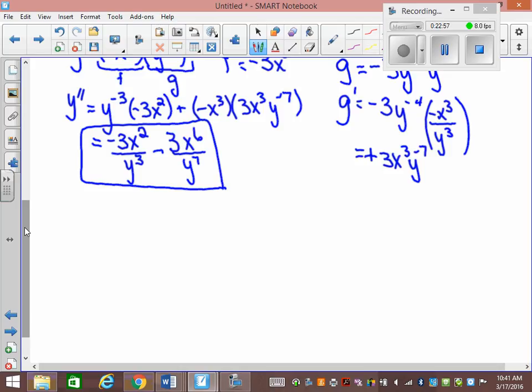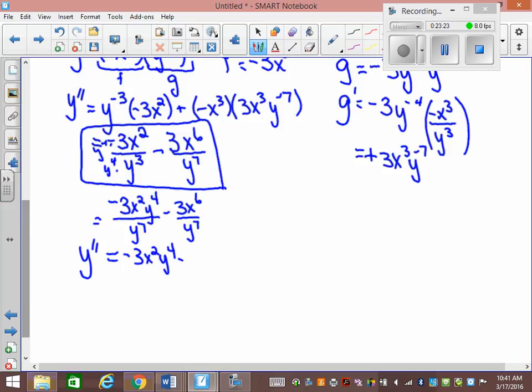When you have monomials, one term on the bottom, you could get on the top negative 3 times this by y to the 4. So you get negative 3x squared y to the 4 over y to the 7 minus 3x to the 6 over y to the 7. So technically you'd have y double prime equals negative 3x squared y to the 4 minus 3x to the 6 over y to the 7.